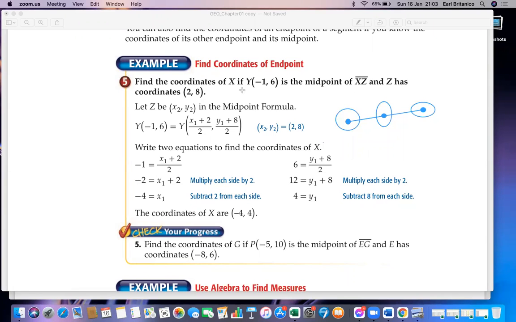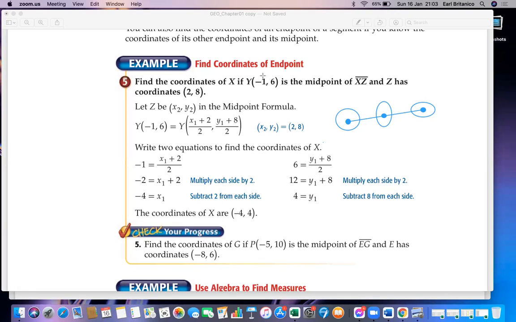So for example, find the coordinates of x if y is the midpoint of xz. When you say coordinates, you find the ordered pair for that point: open parenthesis, blank, comma, blank, close parenthesis. That's the ordered pair.